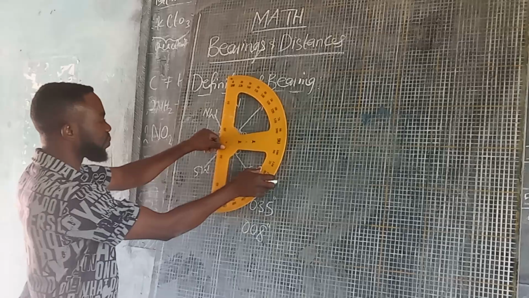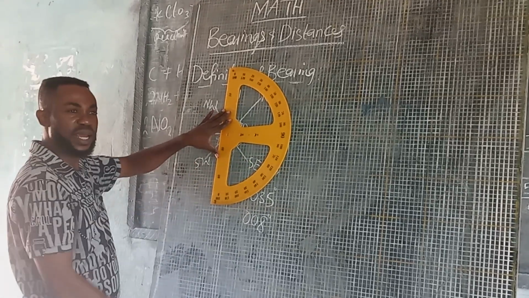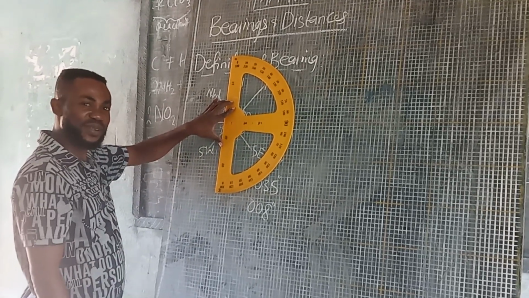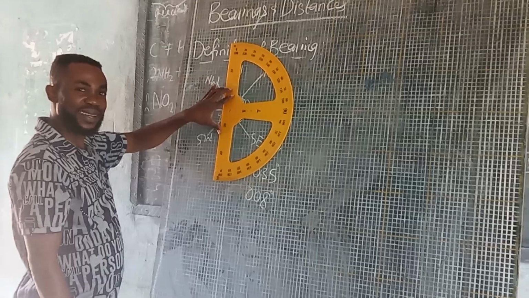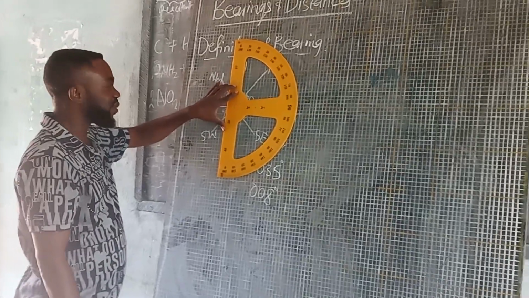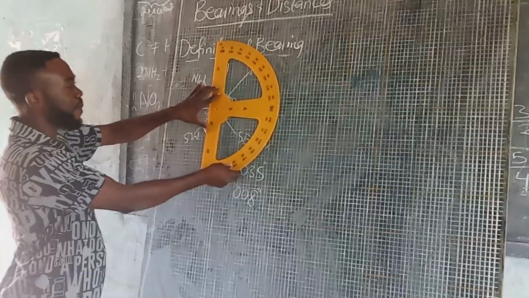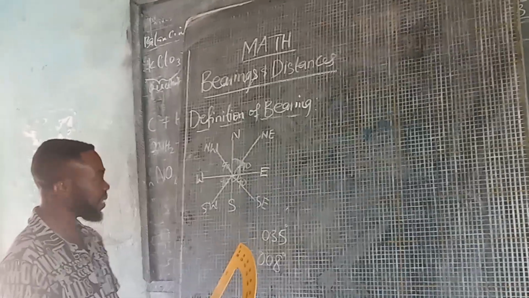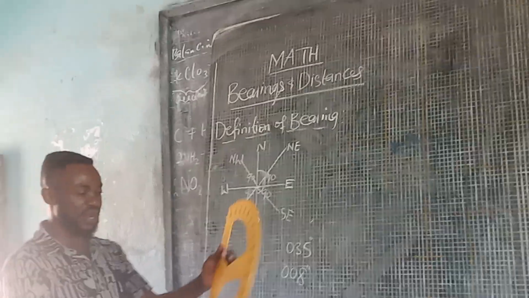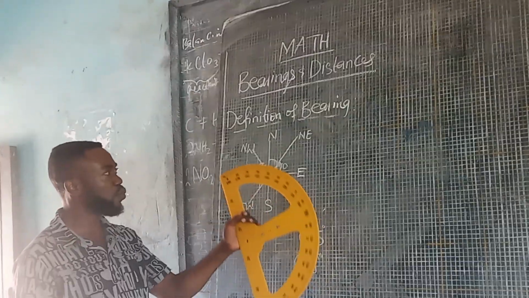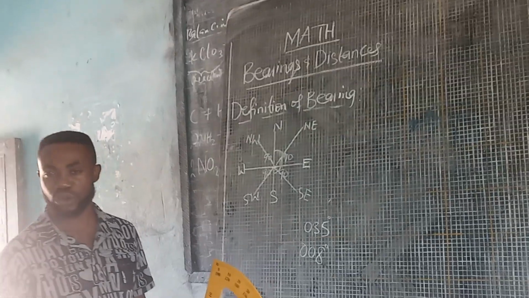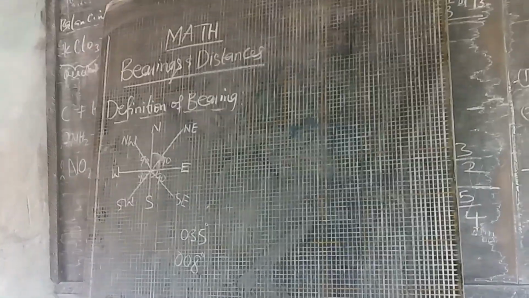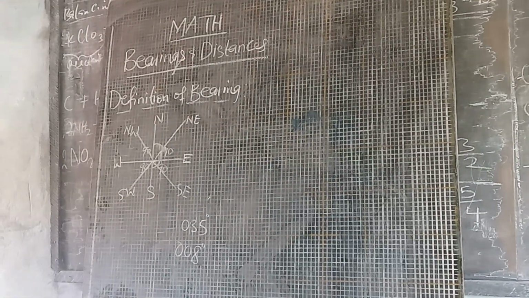Now join me to do it. Pause the video and place it like this. Yes, you've done that. We move on. Having learned how to place the protractor, we quickly go to practical or solved problems. Take a look at that.